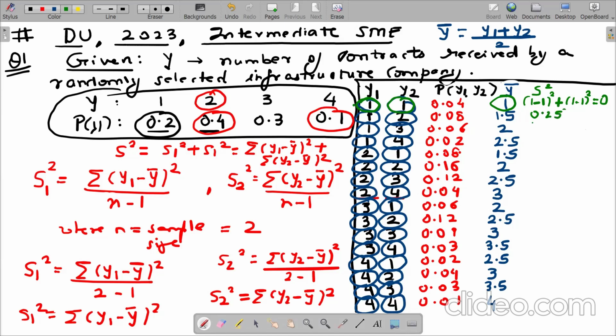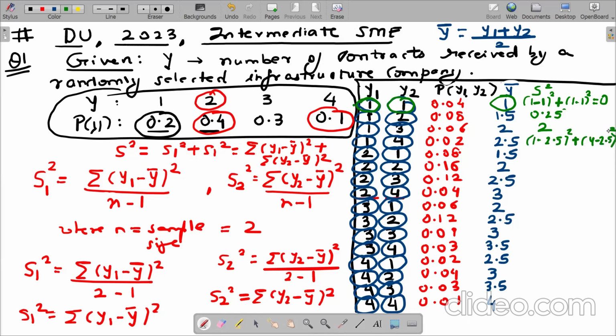Then it's going to be 1 minus 2 square plus 3 minus 2 square. So 1 minus 2 is minus 1, squared up 1. 3 minus 2 is 1, 1 square is 1. 1 plus 1 is 2. So I can erase this and I can just write 2. Then it's going to be 1 minus 2.5 square plus 4 minus 2.5 square.